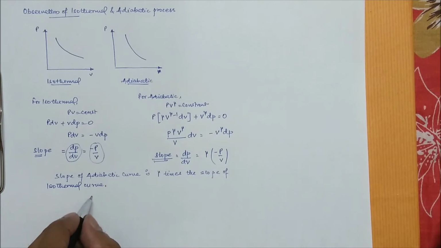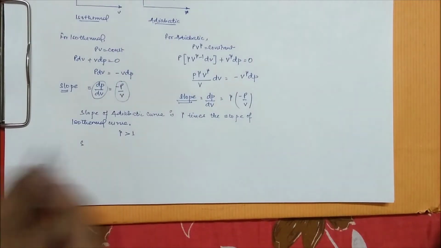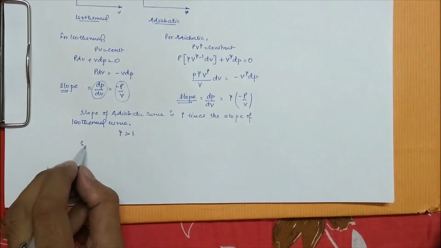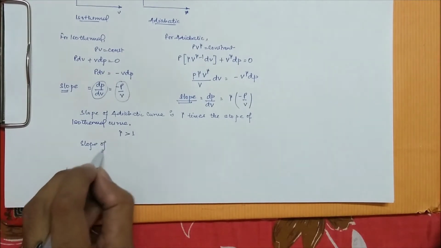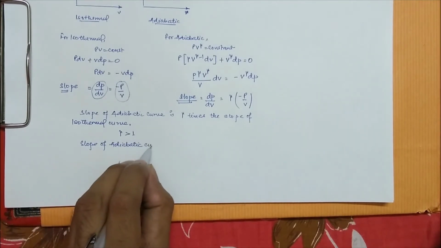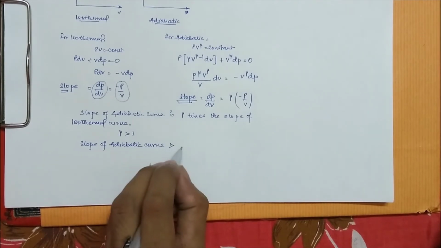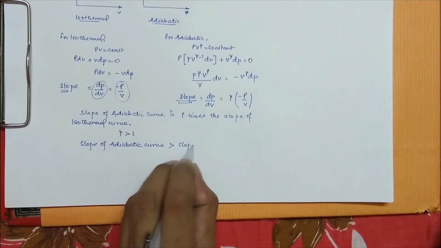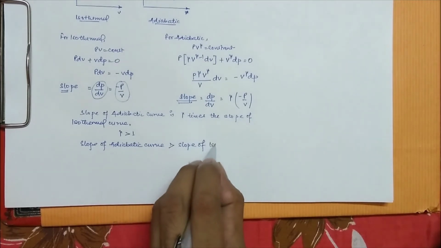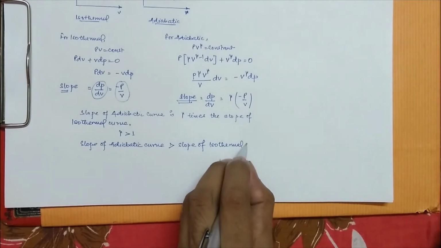And as we have already discussed that gamma is always greater than 1, that means the slope of the adiabatic curve is always greater than the slope of the isothermal curve.